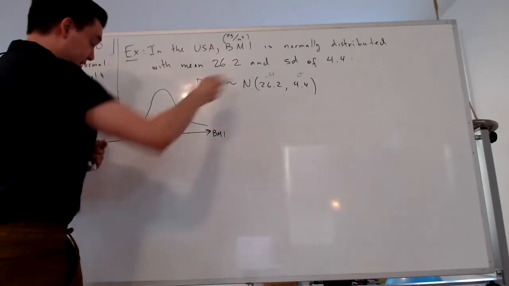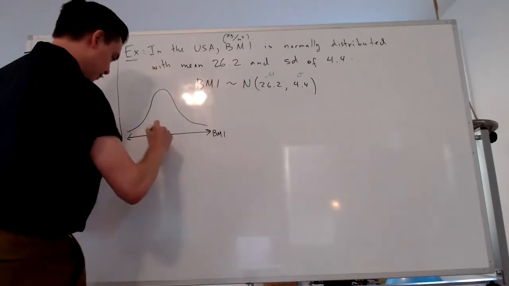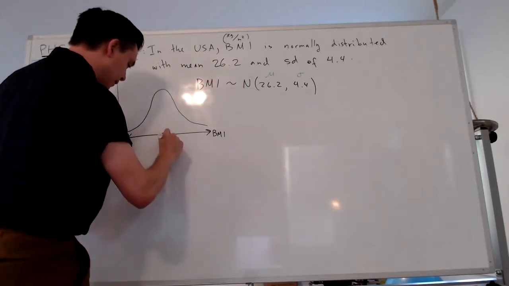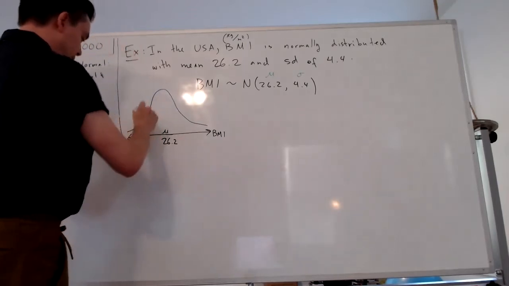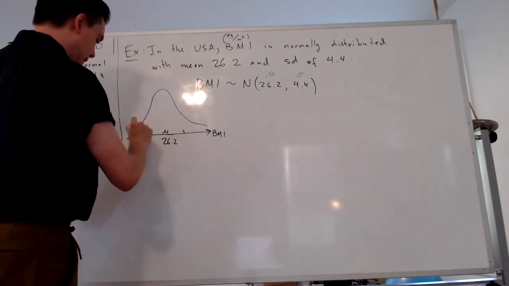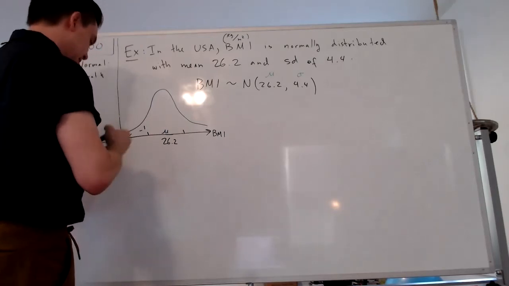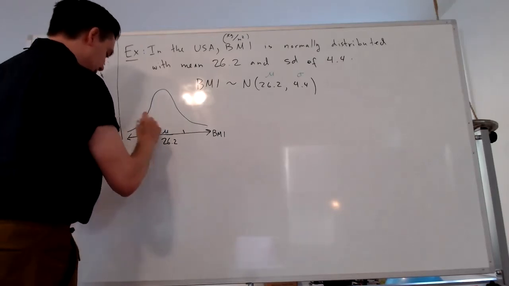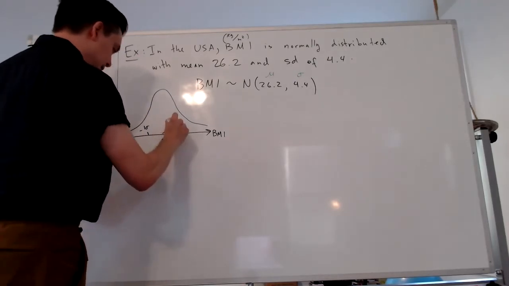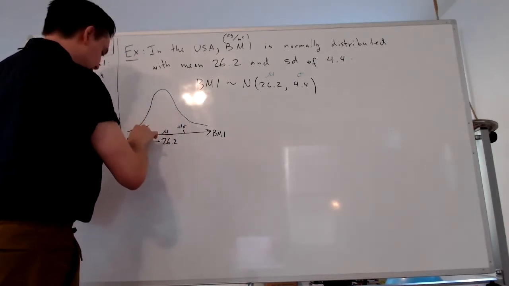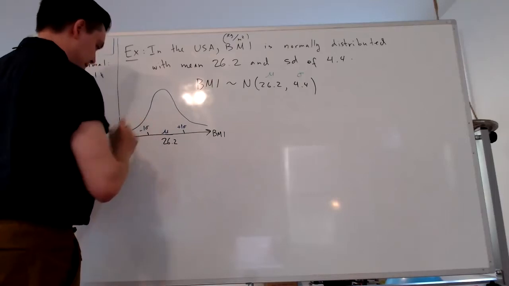I know that is 26.2, because that's what I'm assuming. And then, somewhere over here is -1 sigma, +1 sigma.